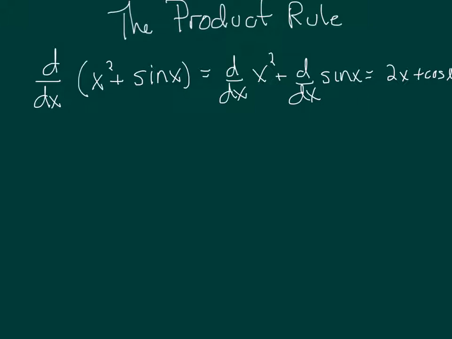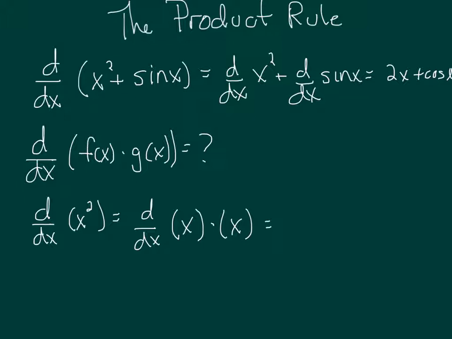But what do we do when we're multiplying two functions? Is it as simple as just taking the derivative of each one and multiplying them together? Well, let's take a look. Suppose we looked at the derivative of x squared and considered it as the derivative of x times x. Well, if we did take the derivative of each term, that would just be the derivative of x times the derivative of x.